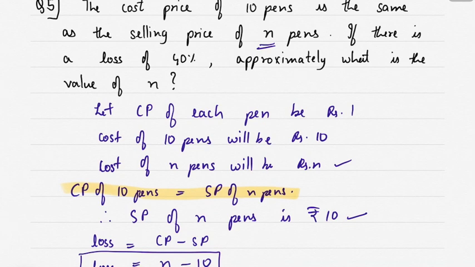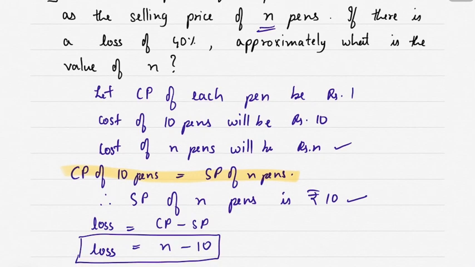So I will assume that let cost price of each pen be rupees 1. I want to make my calculation easy. If cost price of each pen is rupees 1, that means cost price of 10 pen will be rupees 10, and cost price of n pen will be n rupees.